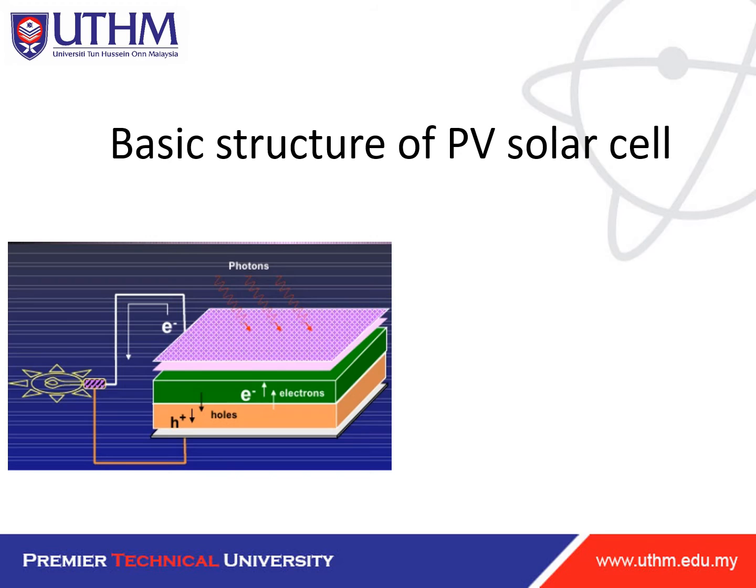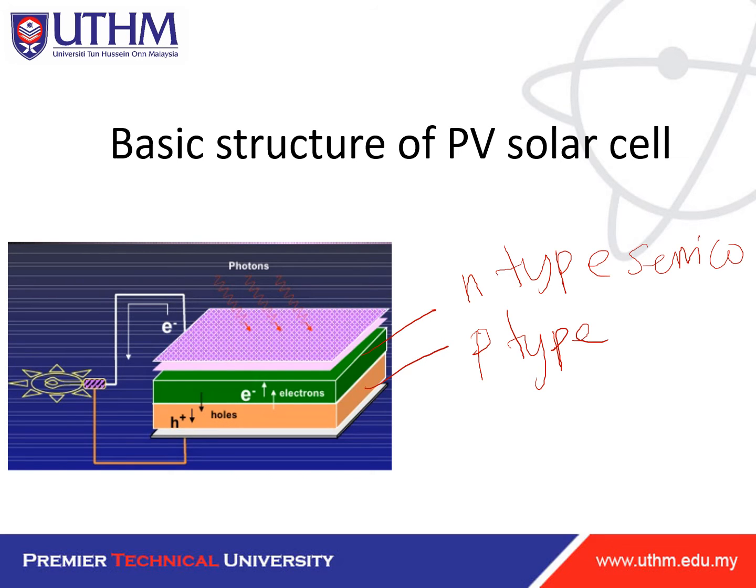So this is the basic structure of a PV solar cell. The orange color is the P-type and the green color is the N-type. So this is the N-type semiconductor, and this is the P-type semiconductor.